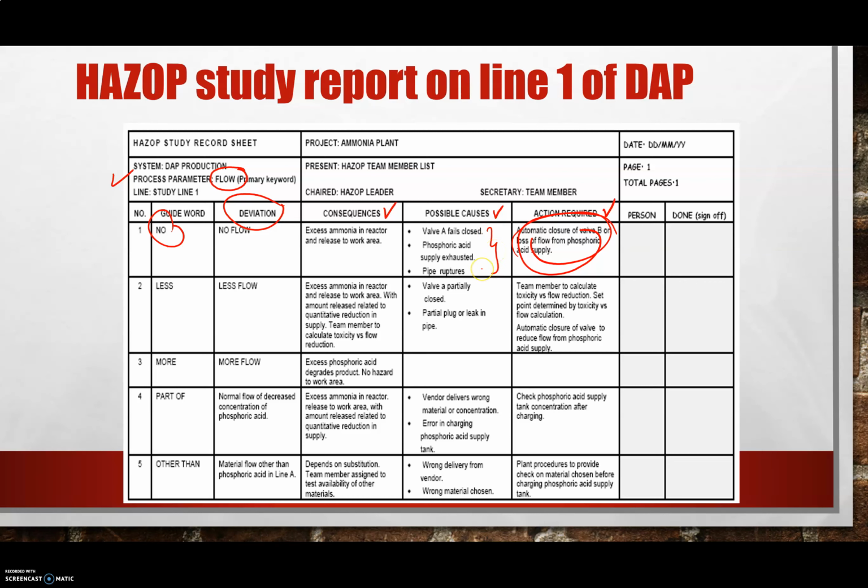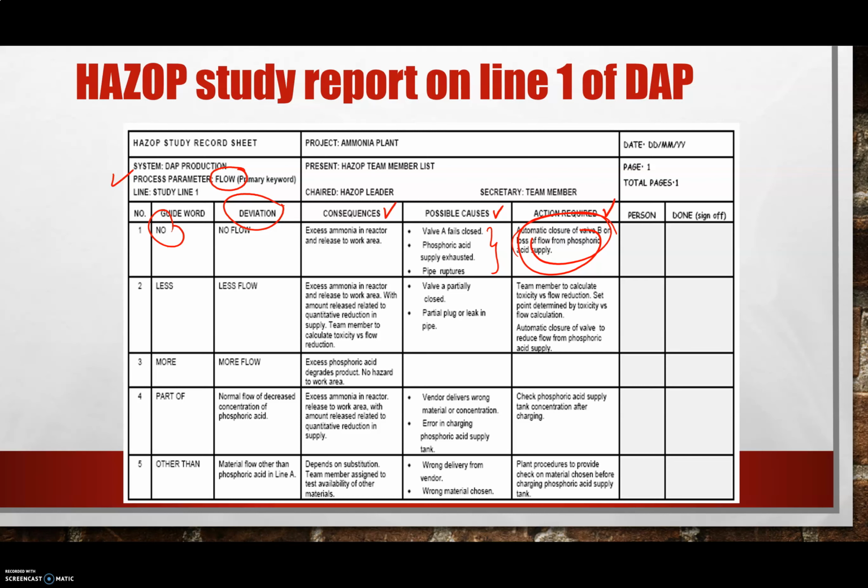Is it number 3? Is it number 2? Or is it number 1? That's why you need to make a number for your possible causes, your consequences, and also your action required, even though it is the same action or the same recommendation from your analysis or studies.